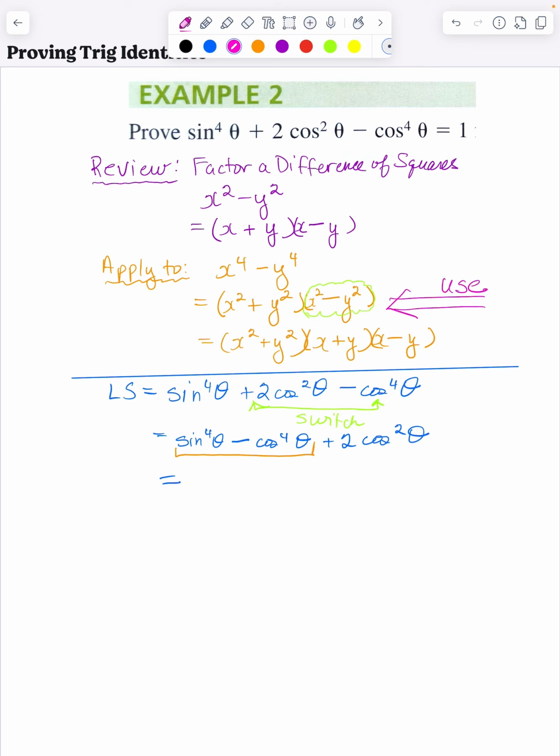And when I factor sine to the fourth theta minus cos to the fourth theta, I will end up having a plus and a minus, a sine squared theta here, a sine squared theta here, a cos squared theta, and a cos squared theta. We can use our trig identity, and we know that this is equal to 1.